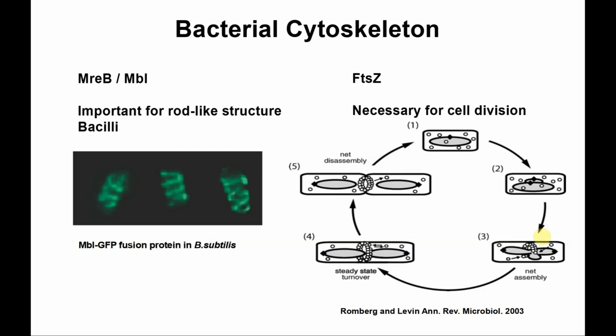The closest eukaryotic homologue of FTSZ is gamma tubulin. So gamma tubulin in mitosis forms a ring, and it's this ring which forms the start of the formation of the mitotic spindle, which is what's going to control where chromosomes go in mitosis. Now, chromosome segregation in bacteria and in eukaryotic cells is a very, very different process.